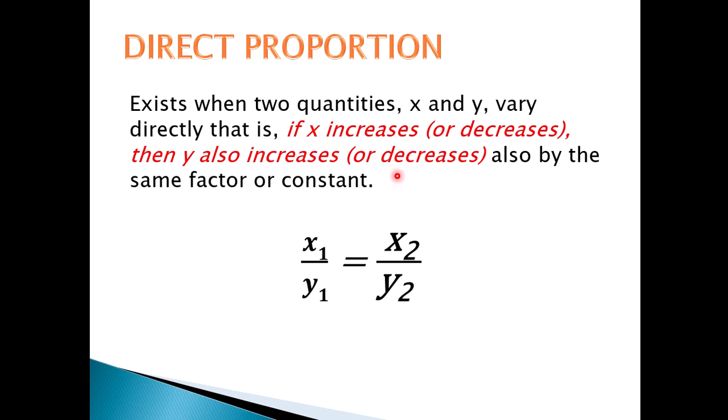At the same time, if the x value decreases, the y value also decreases, by the same factor or constant, represented below: x sub 1 over y sub 1 is equal to x sub 2 over y sub 2. They are directly proportional to one another in a form like this. So please take note of this form for the direct proportion.